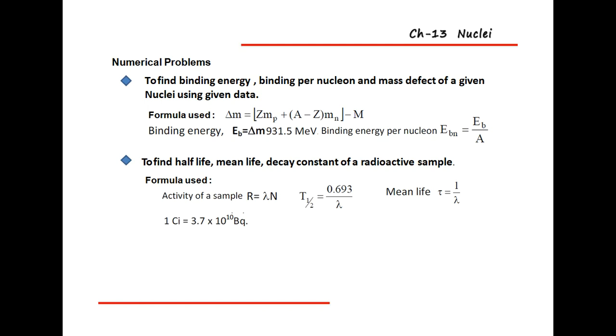The activity of the sample is R equals lambda N, T half is equal to 0.693 divided by lambda, and the mean life, tau m or Tm, is equal to 1 by lambda. And 1 Curie is equal to 3.7 times 10 raised to 10 becquerel.